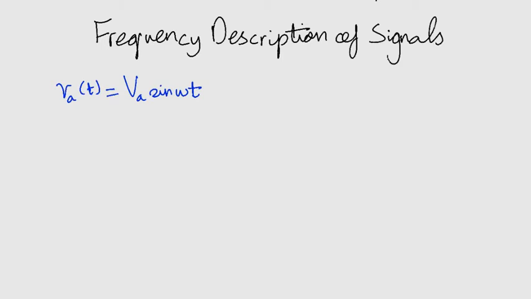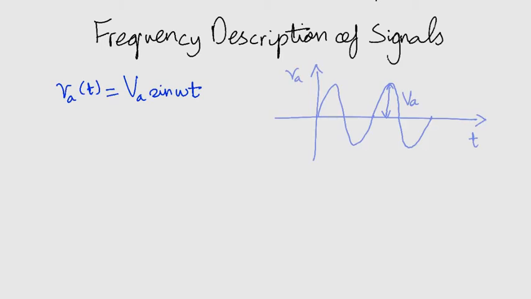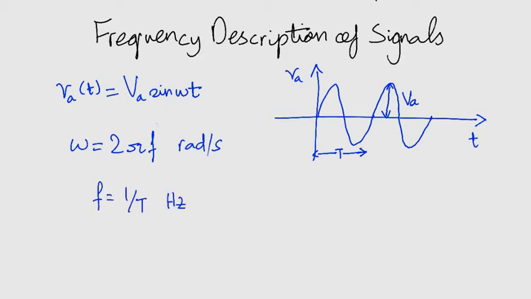Imagine a sine wave signal shown in this figure, where VA denotes the peak value or amplitude in volts and omega denotes the angular frequency in radians per second. That is, omega equals 2 pi f radians per second, where f is the frequency in hertz and f equals 1 by T hertz, and T is the period in seconds.